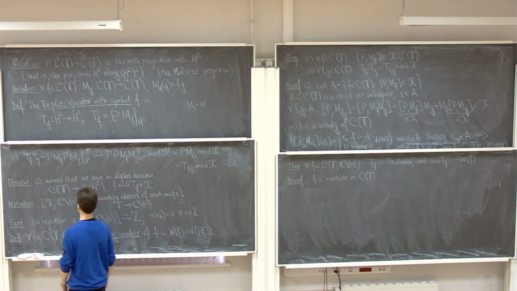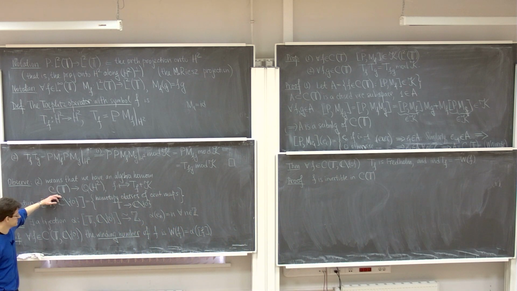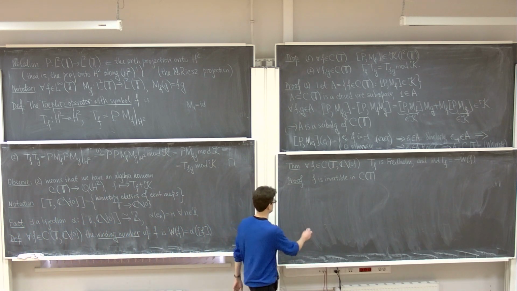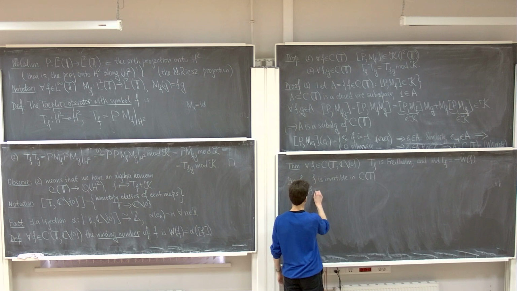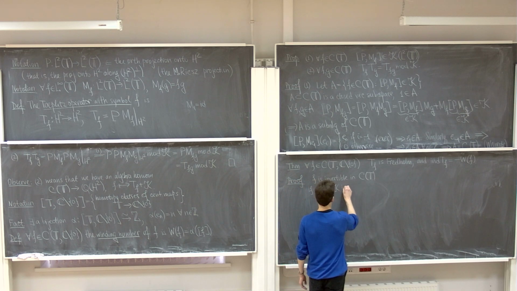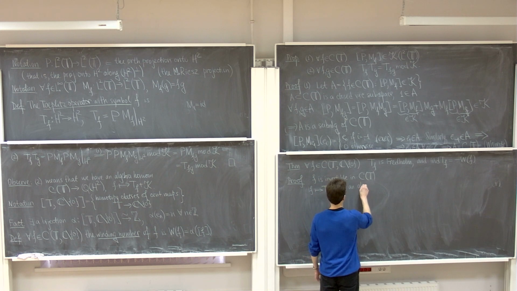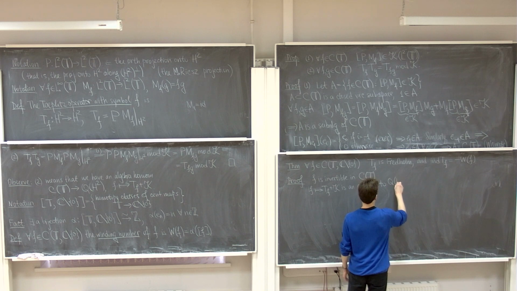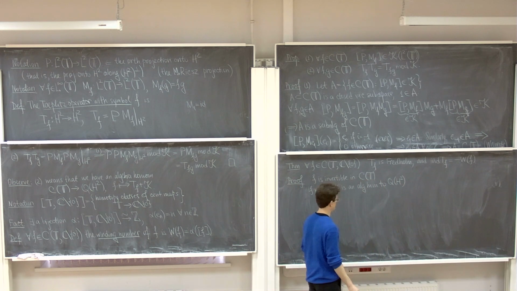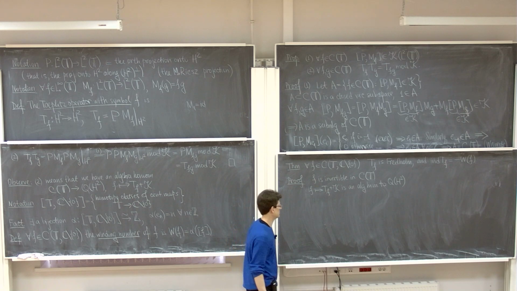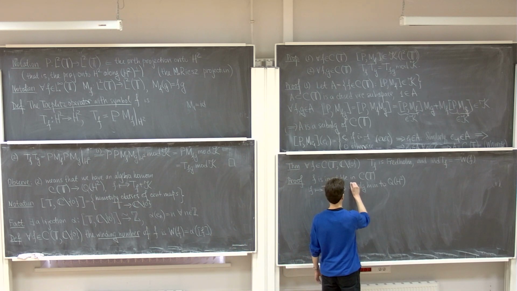But we have just observed that we have an algebra homomorphism from C(T) to the Calkin algebra, the map which takes f to T_f plus K. It is a unital algebra homomorphism, so it takes invertibles to invertibles.